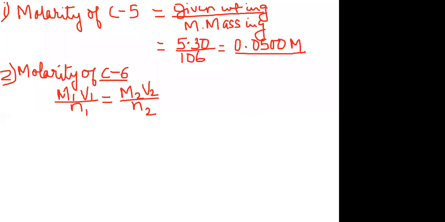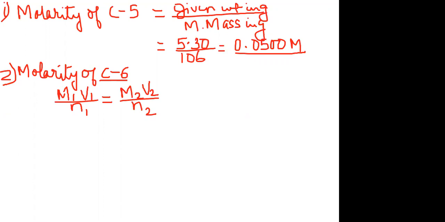At the end point, when the gram equivalence of the acid equals the gram equivalence of the base, the end point is reached. The end point here means that the neutralization has just occurred. So if I am considering M1, V1 and N1 for sodium carbonate and M2, V2 and N2 for HCl, then in the next step, we will do the substitution.